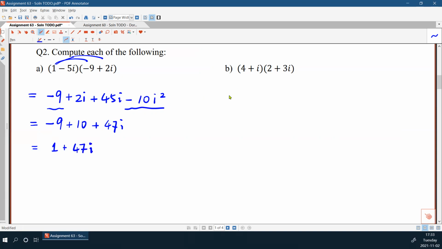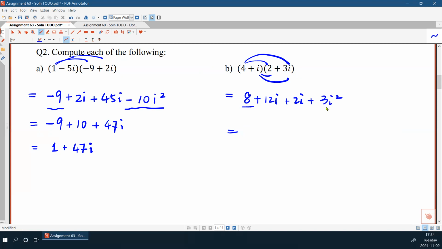And the final result is 1 plus 47i. Okay, next one. Again, we can expand it using the distributive law. 4 by 2 is 8, and 4 by 3i is 12i. Then i by 2 is 2i, and i by 3i is 3i squared.